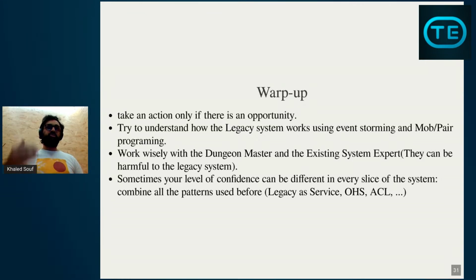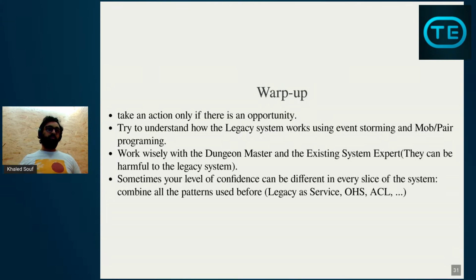Do as much as possible also mob and pair programming with the people that are working there. And like I said before, work wisely with the dungeon master and the existing system expert, because there are a few things that you can take from them, and other things that you shouldn't take from them. So it's going to be your own judgment about that.